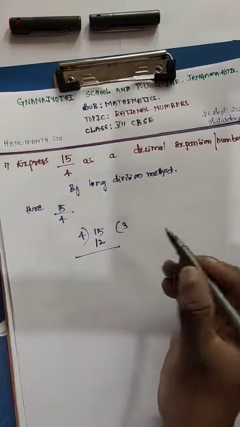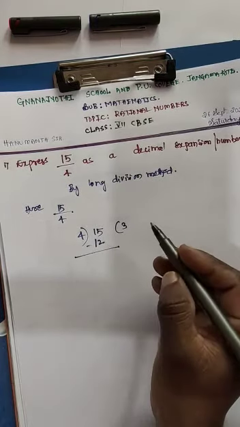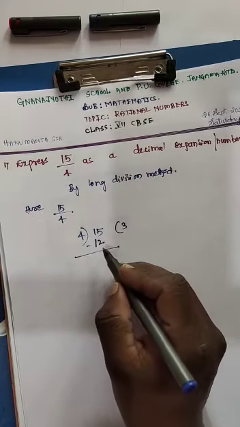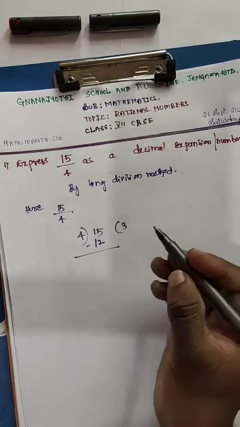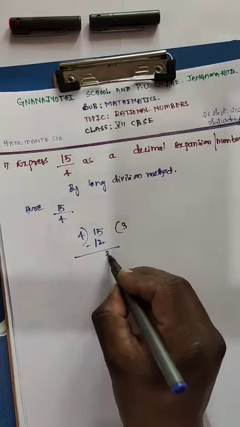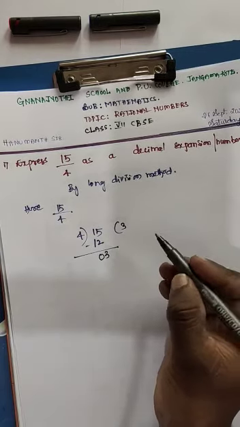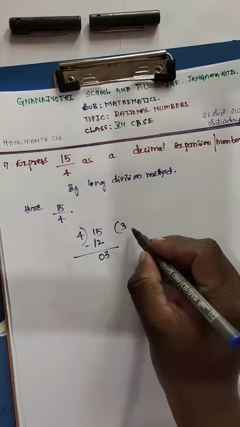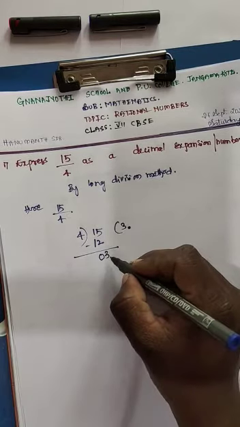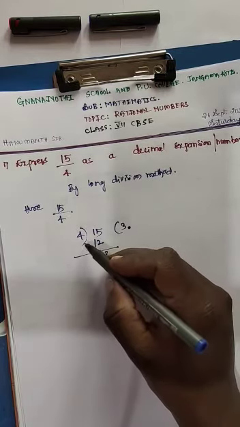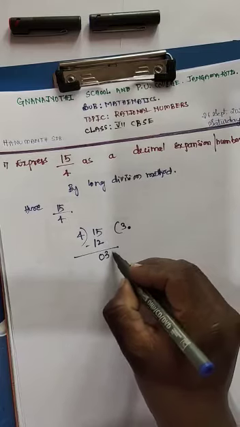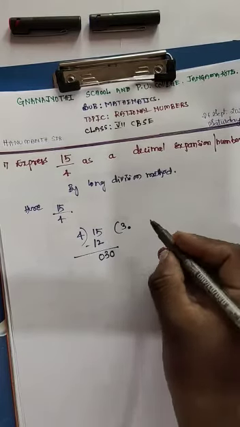So 15 minus 12, after subtraction, we can subtract 12 from 15. We get 5 minus 2 is 3 and 1 minus 1 is 0, right? Again, second step, we are going to take a decimal because 3 is less than 4. So by taking the decimal, 3 becomes 30.